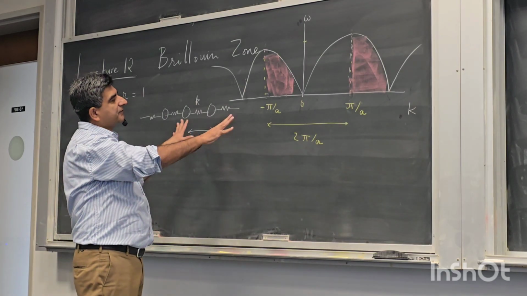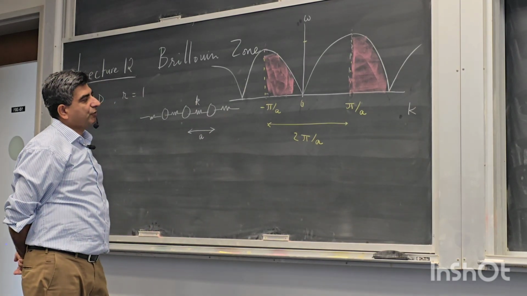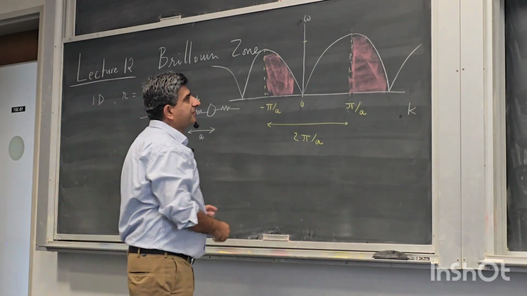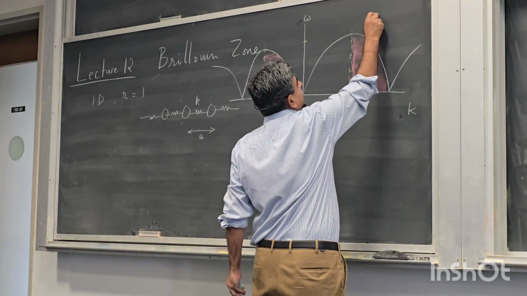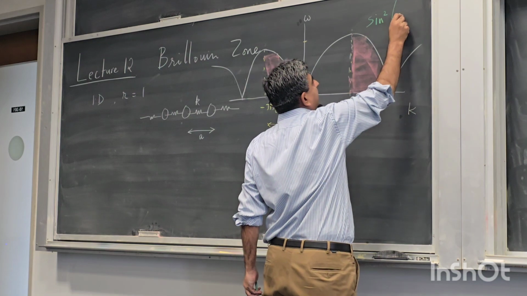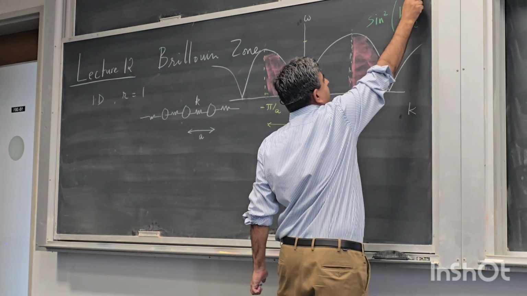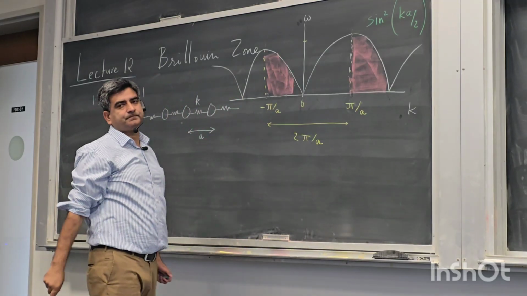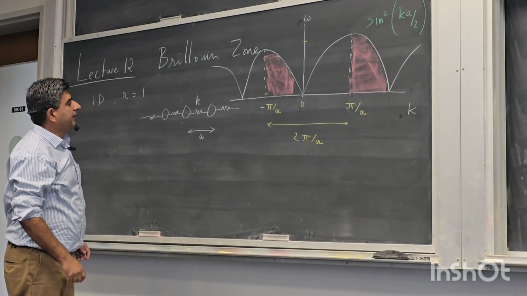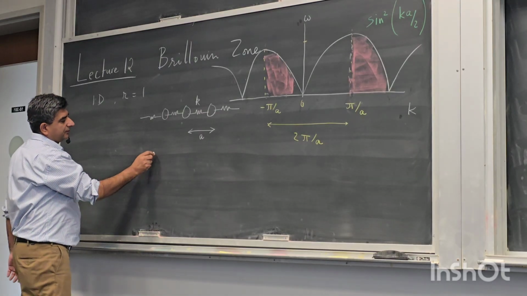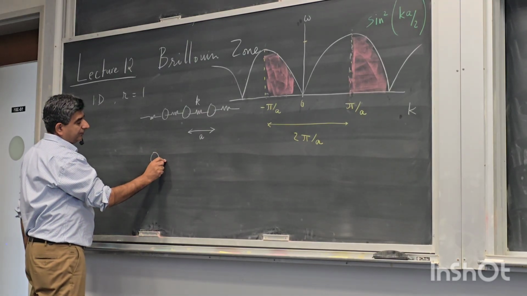So this is the situation for the monoatomic lattice. The dispersion relationship, of course, is proportional to sine square of qa over 2, or ka over 2, and so on.